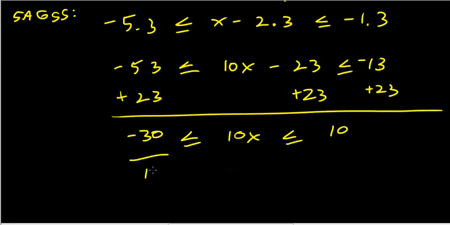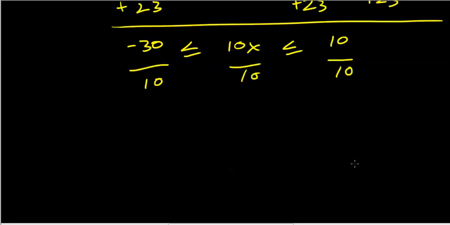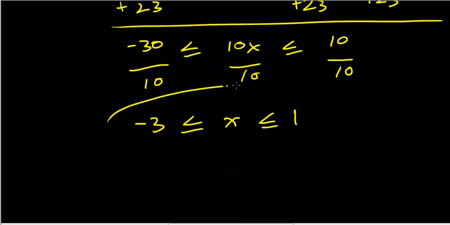Now I'll divide each element, each piece if you will, by positive 10, leaving the arrows alone. I end up with minus 3 less than or equal to x in between, which is in turn less than or equal to 1 on the right.